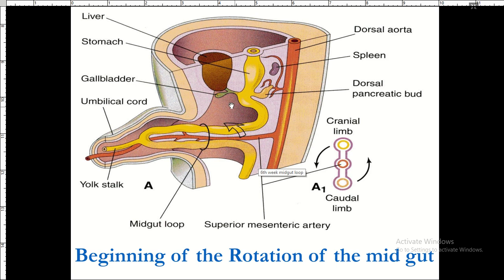So, due to the increased size of the liver, remember the liver is an organ responsible for hematopoiesis in utero, it's going to be occupying about 10% of the total fetal weight.